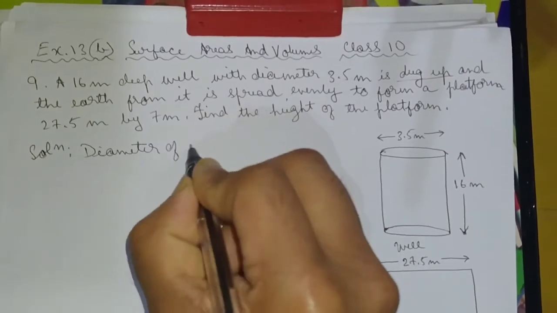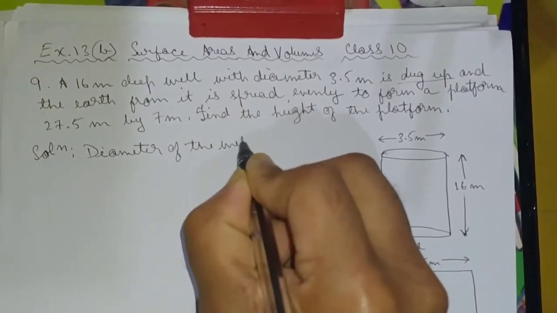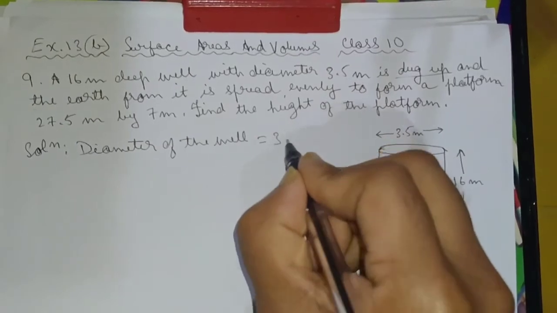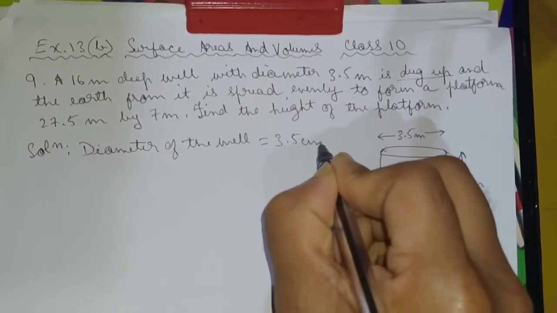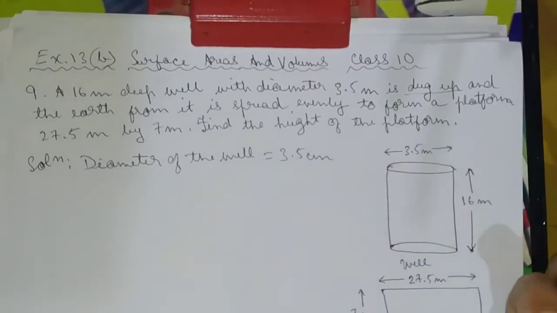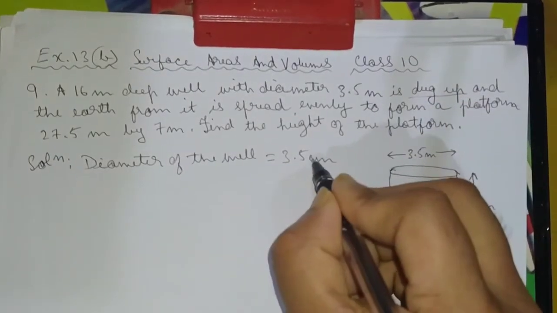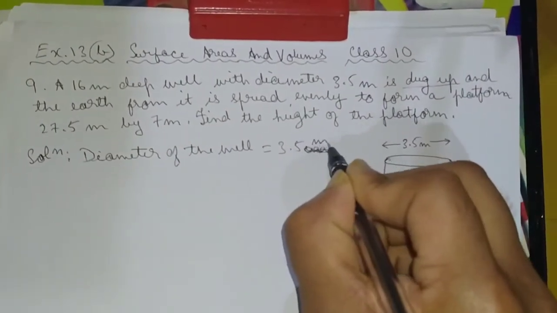Diameter of the well is equal to 3.5 meter.